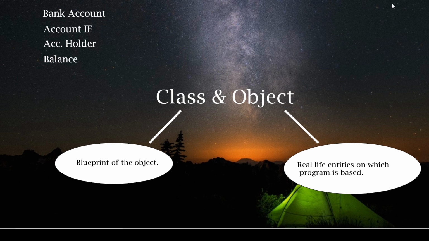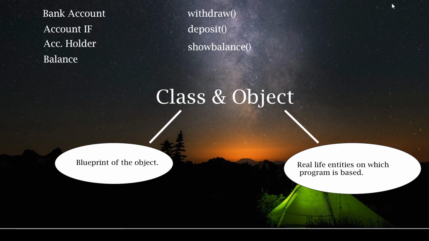You can consider some more characteristics like the last transaction or the amount transacted last time. There can be other characteristics and some behaviors like withdraw amount, deposit amount or show balance. So today we are going to consider account as an object, and we will define all the characteristics and behavior of the account object in a class.